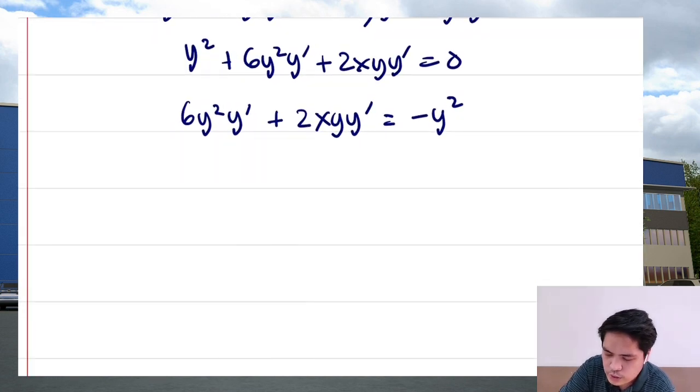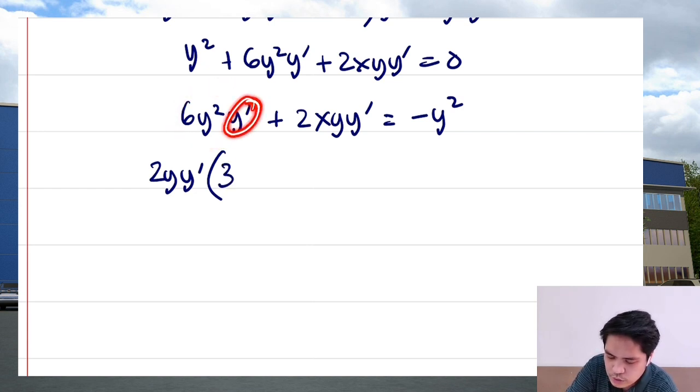Now, I could factor out already y prime. We have common dito 2, common din yung y, and also y prime. So, yung i-factor out natin is 2y y prime. So, yung may iwan dito is yung factor na 3, na-factor out, may naiwan pang y dito, kasi dalawa yung y dyan.